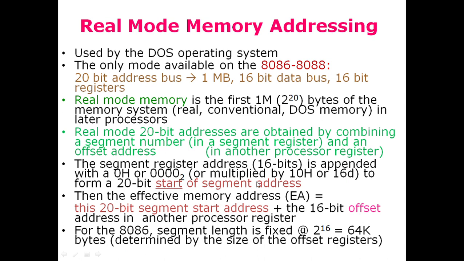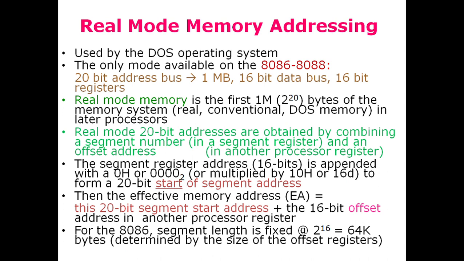For example, if we had to reach a specific location inside the code segment, the 16-bit value is taken from the code segment register. That 16-bit value is logically left shifted by 4 positions, so 4 zeros are introduced at the right side, the least significant position.